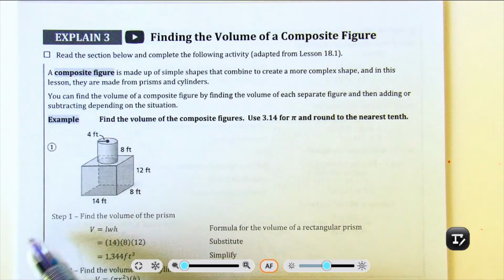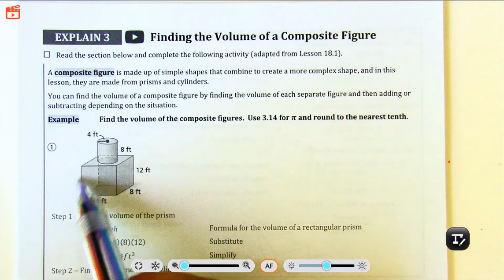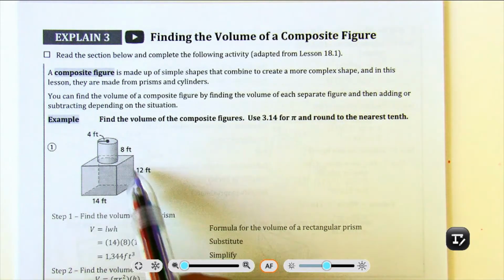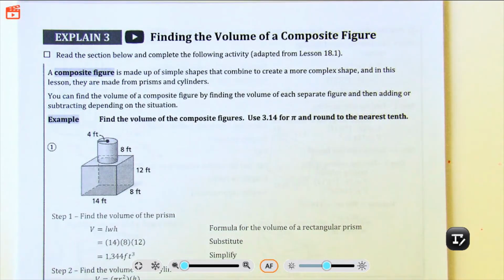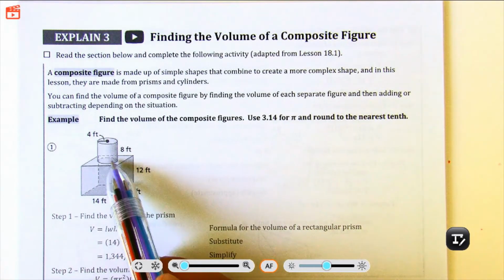It's made up of a cylinder on top, and a rectangular prism on the bottom. To find the volume of this composite figure, we find the volume of each figure independently, and then we take the sum to find the final volume.